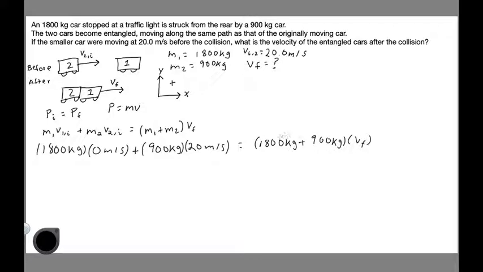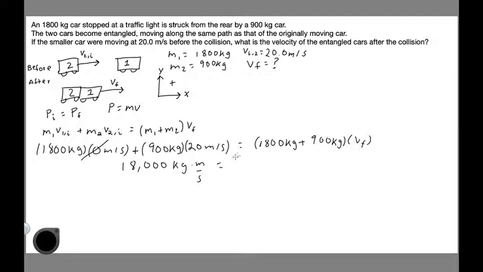So now, at this point, it should be pretty simple to solve for VF. This side of the equation will end up equaling 0. So we can say that 900 kilograms times 20 meters per second plus 0 is going to be equal to 18,000 kilograms meters per second.